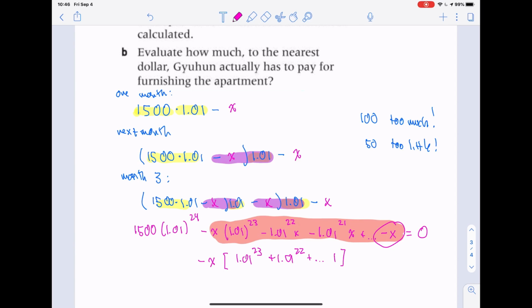So we're taking all of this. We have 1,500 times 1.01 to the 24. That's still there. And we set that equal to 0. This is now an equation to solve.